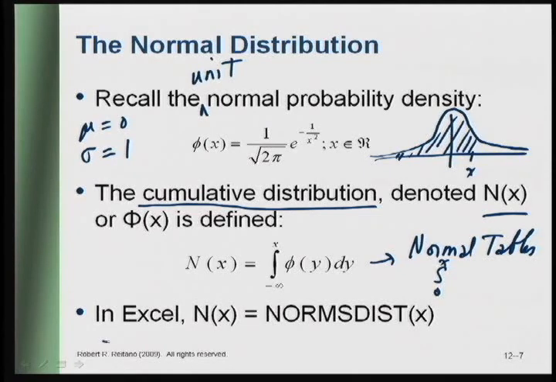You can also calculate this normal distribution in Excel using the NORMSDIST function, standing for the standard normal distribution function. If you plug that in, it'll give you these integral values approximated reasonably well. So this distribution can be called the unit normal. Sometimes it's called the standard normal, a variety of names.